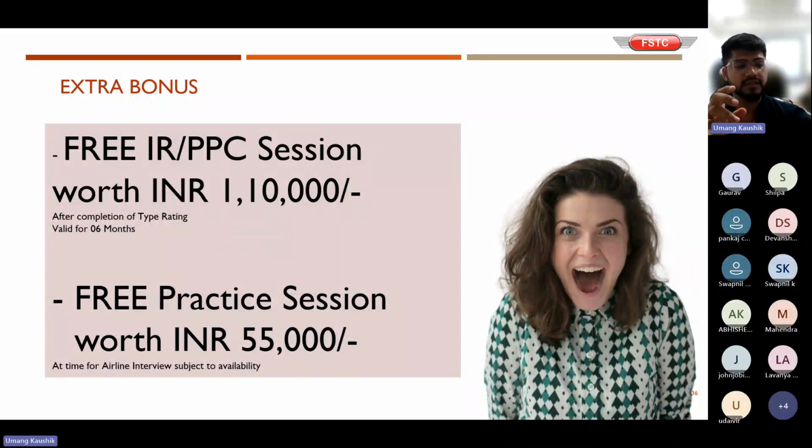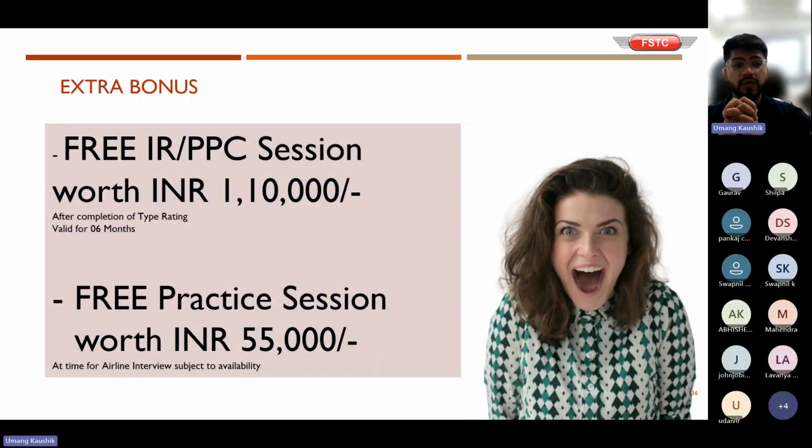And the next is another free practice session. If you ask for one practice session, you go to any ATO in India, anywhere. Go and ask for a practice session, that I want to fly with your simulator for 1 hour. You ask them cost. I'm not giving you cost.